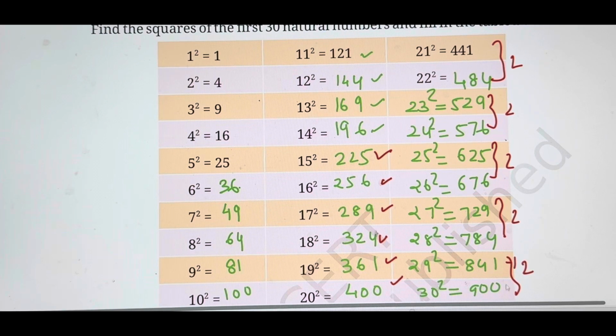So what is the pattern? 10, 4, 3, 3, 2, 2, again 2, again 2, again 2.